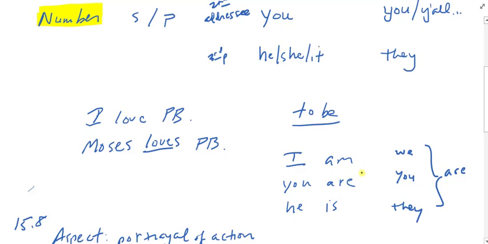Now, let me just say this. In English, at least for those third person forms, the third person singular subject has to have an agreeing verb form. If you don't add that S, it sounds funny, right? John speak Spanish. Doesn't sound right. It's John speaks Spanish. In Greek, the subject's person and number needs to match with the verb's person and number. All right, so we'll see examples of that as we start learning the present active indicative.